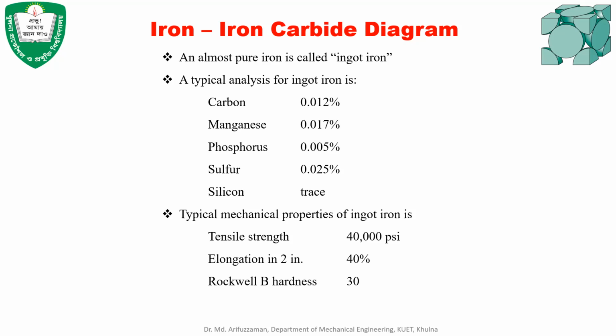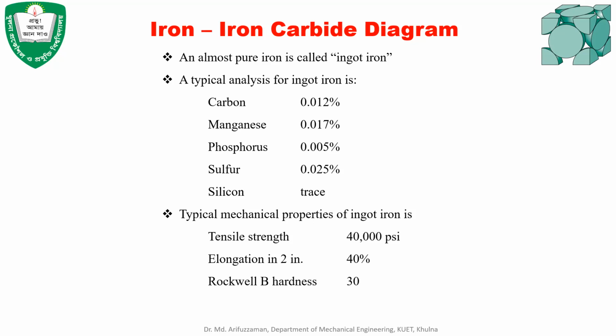And there is nothing actually 100% pure. There are always some impurities. So these are the impurities present in the iron. If the percentages of these elements are very small, then you can say that is pure iron.